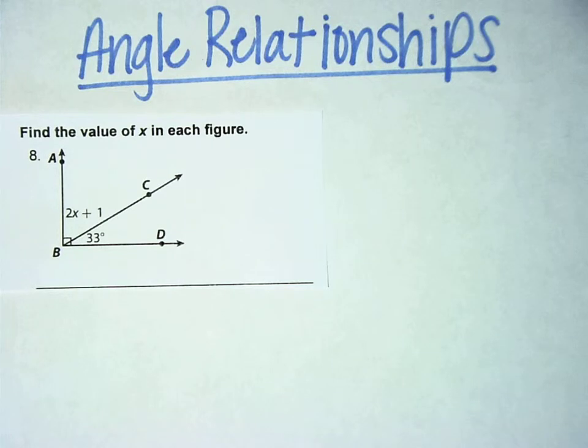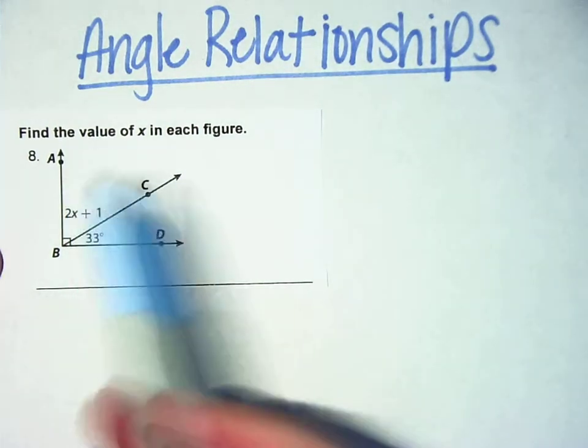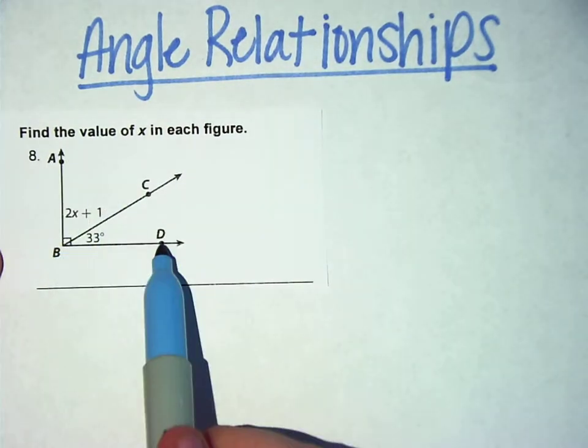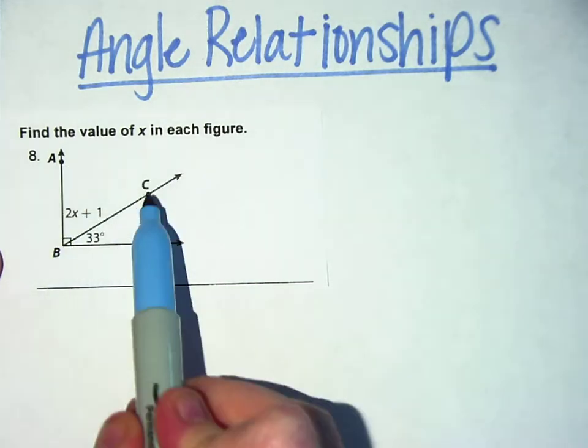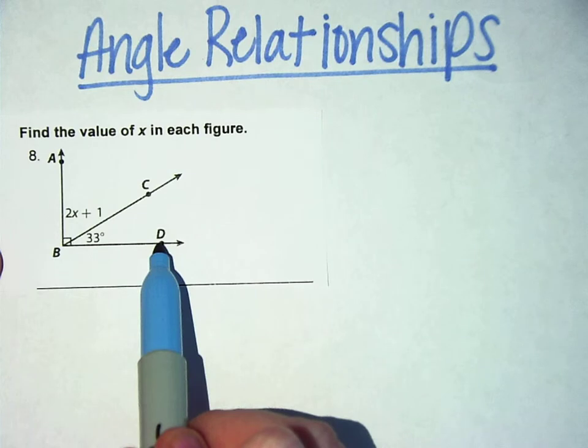So what we've got here is some angles put together, and it says find the value of x in each figure. So what you want to do first is identify what you know. Well, this one right here has three angles: angle ABD, ABC, and angle CBD.